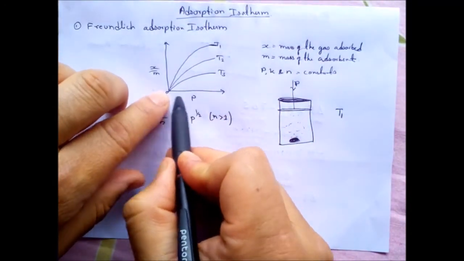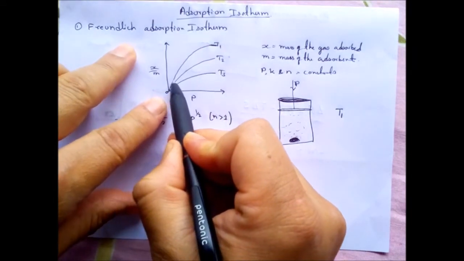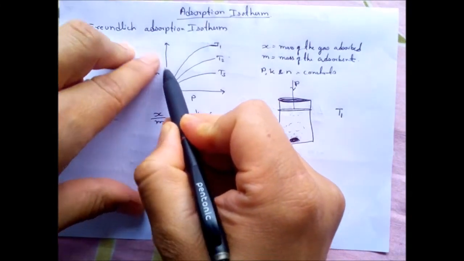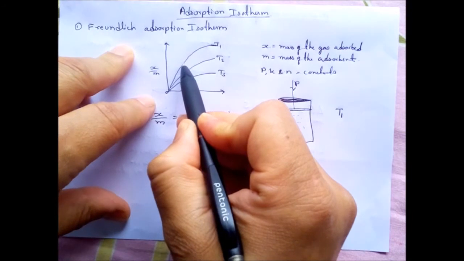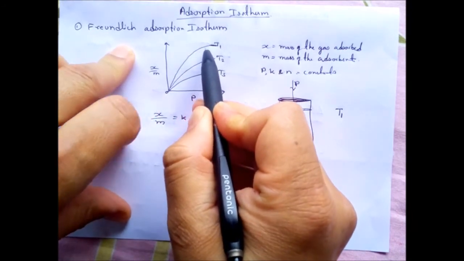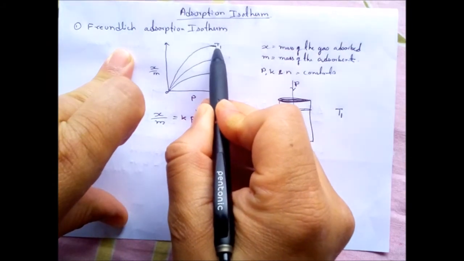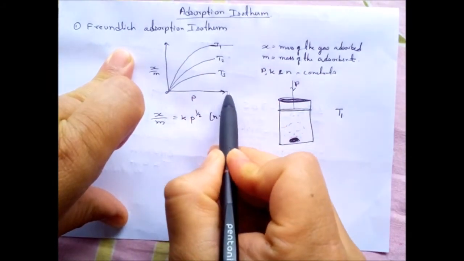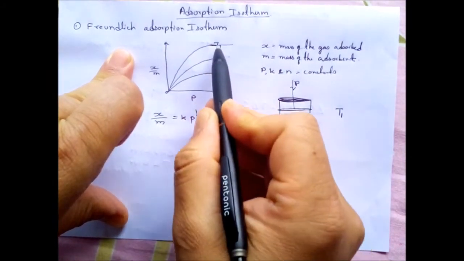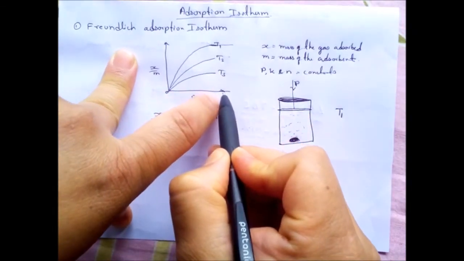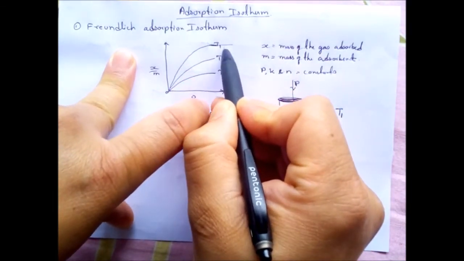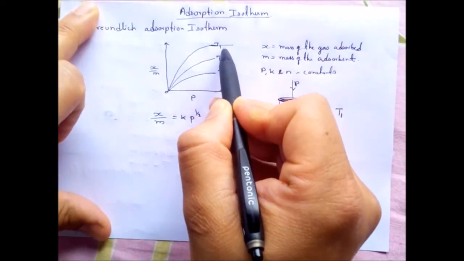With the increase in pressure, initially the adsorption increases, it's going up. But after some pressure, it moves parallel to the x-axis. That means you keep increasing the pressure, but the adsorption is not increasing. So this is called the saturation point.